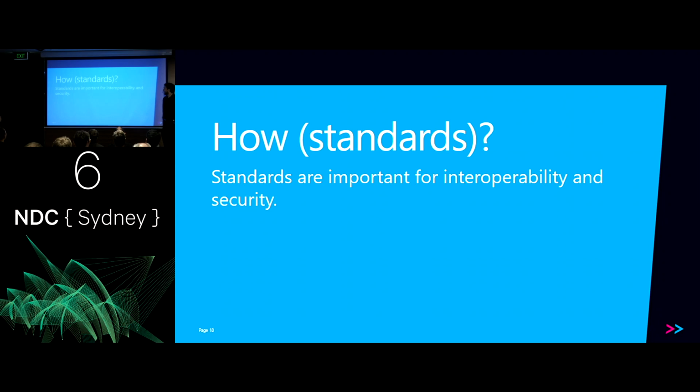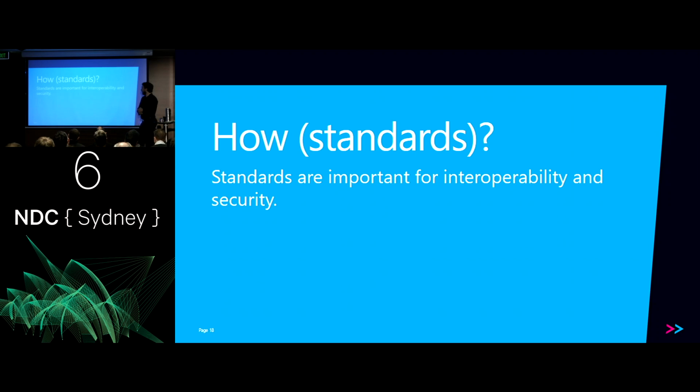Yeah. So we wanted to jump now and talk a little bit about the how, some of the standards that are involved here. We're going to talk a little bit about token standards and the actual authentication protocols that are used. But I guess it's really important to note that standards are super important here. They give you huge interoperability out of the box.